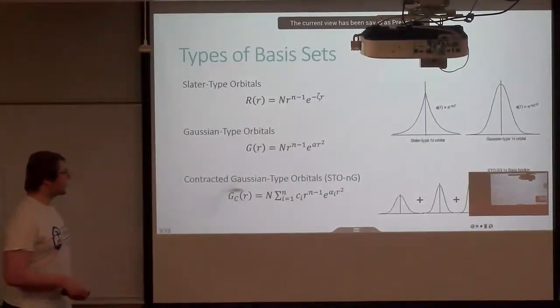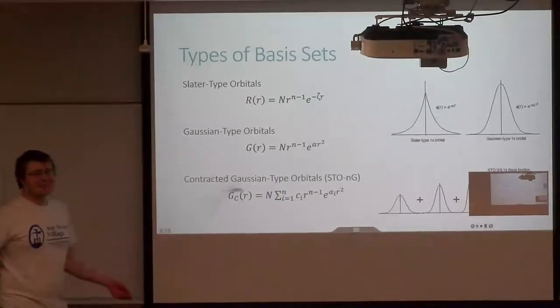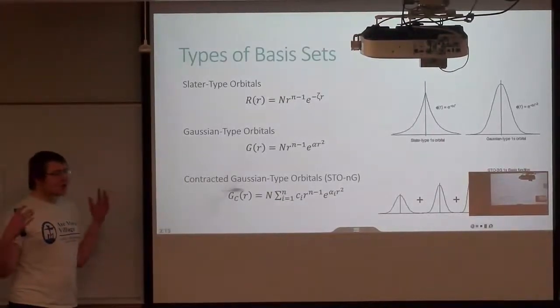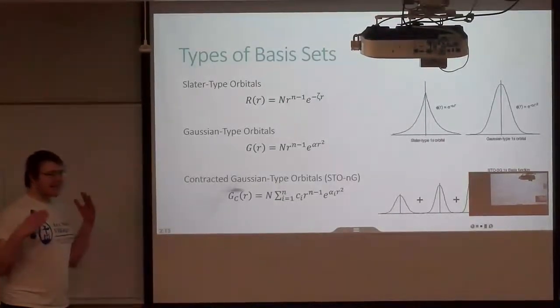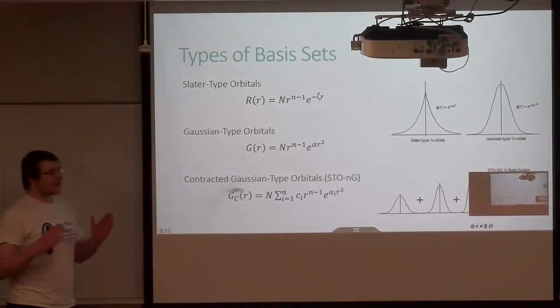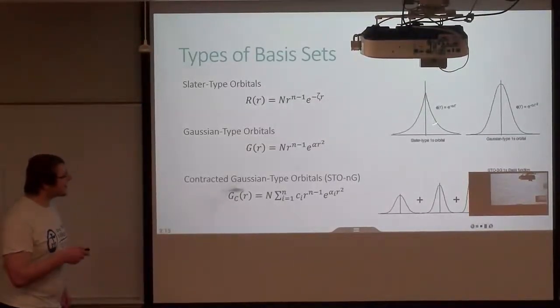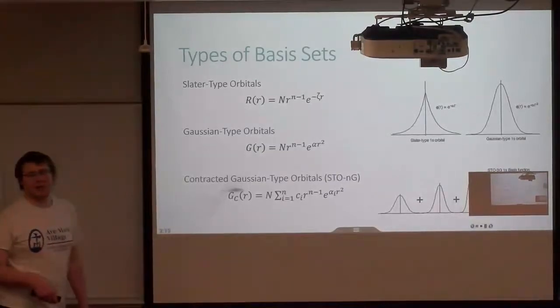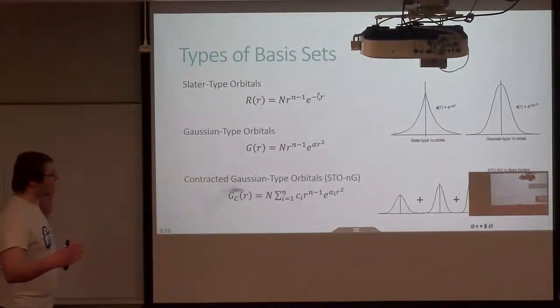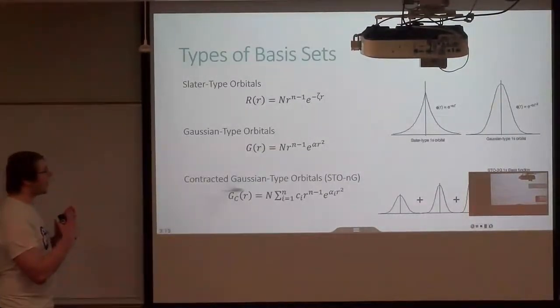It's on your little sheet of paper, but essentially we use 2 or more Gaussian orbitals to create a Slater-like orbital, to make it somewhat more pointed.